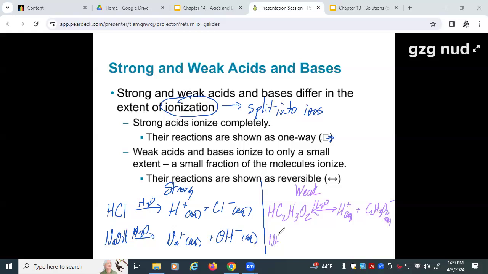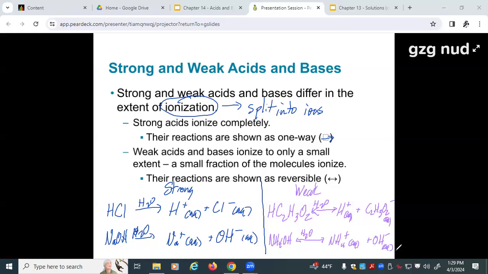And ammonium hydroxide, which is another weak base, will partially break down into ions as well.